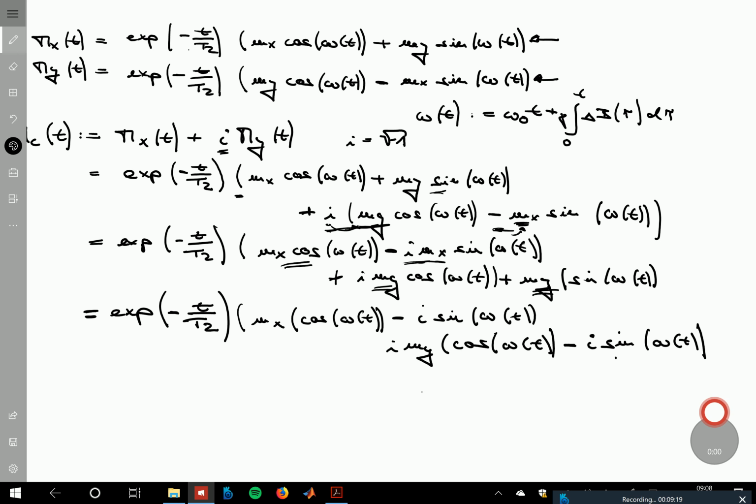Because then we have both a cos omega t minus I sine here and a cos omega t minus I sine here. So we can also take this out of the sum, or essentially write things as follows: minus t half.